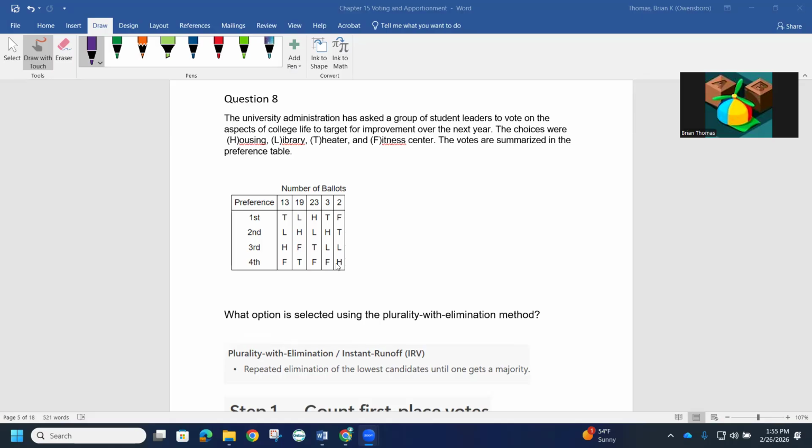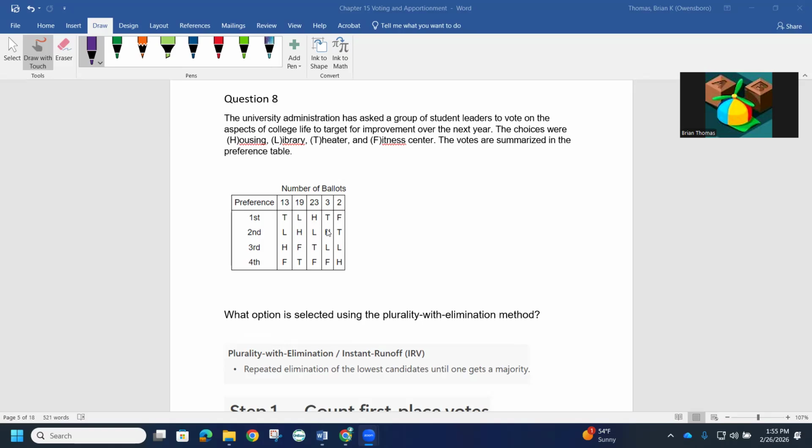Of those, if we're talking about a university, housing would seem to be kind of high on the list. We are seeing housing here with 23 ballots in first place and 19 ballots here and three ballots here.